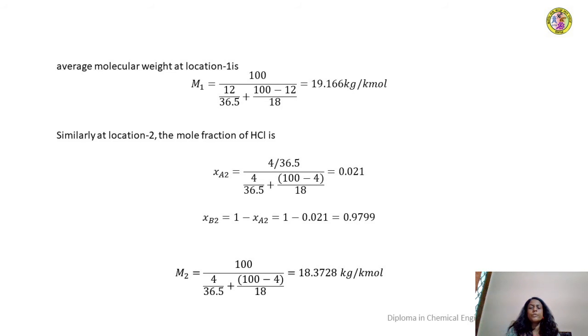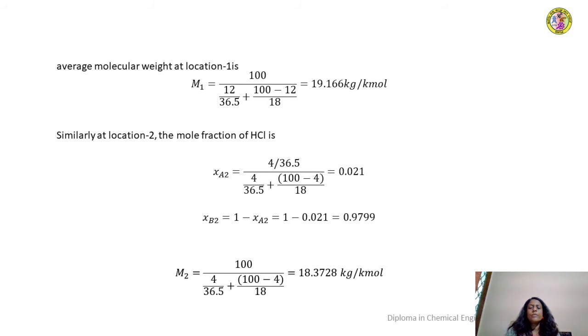So 100 divided by total moles gives you the molecular weight at location 1, about 19.166 kg per kilomole. Now, in the same way, we can do the calculations for location 2.